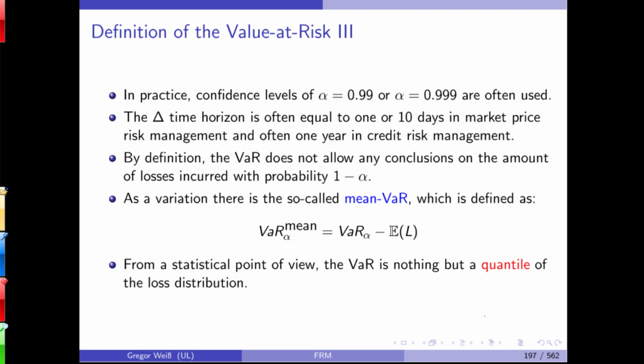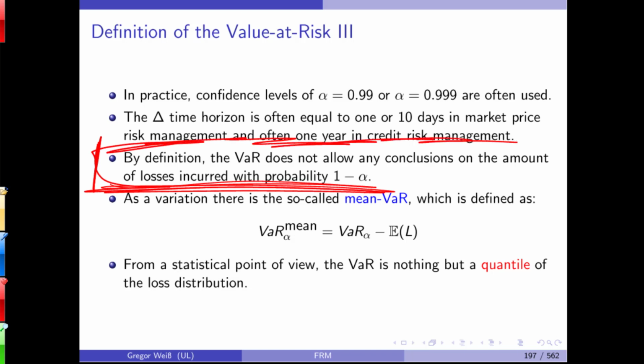The time horizon is often fixed to 10 days in market price risk and 1 year in credit risk management. By definition, the VaR does not allow any conclusions on the amount of losses incurred with probability 1 minus alpha. One needs to stress this. Bankers didn't get this before and during the financial crisis.